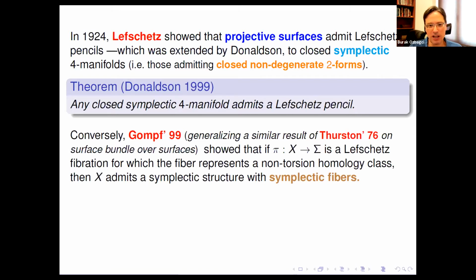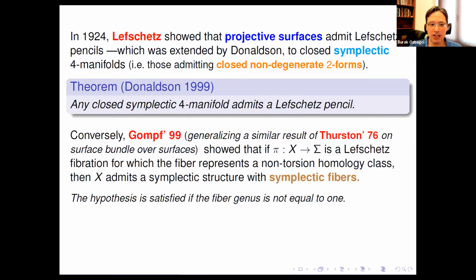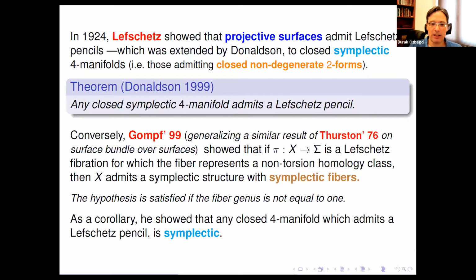Compared to Donaldson's result, this is relatively simpler. Donaldson's result is a much deeper one. The hypothesis here is satisfied if the fiber genus is not equal to 1. It's not a serious restriction, but it's a necessary condition.